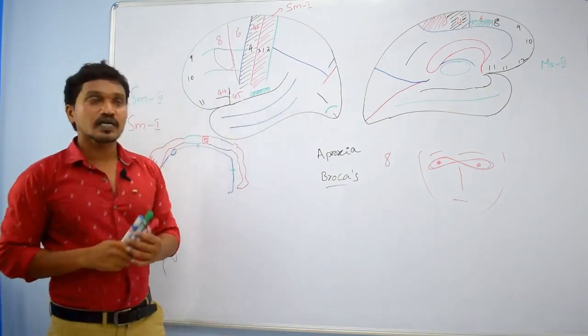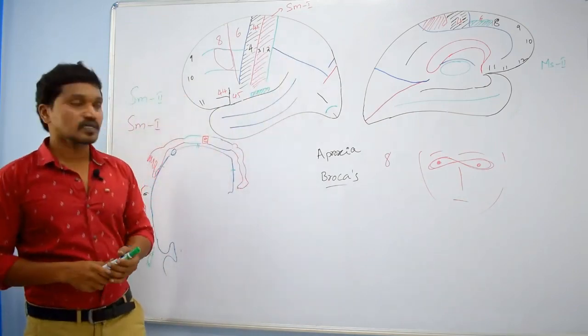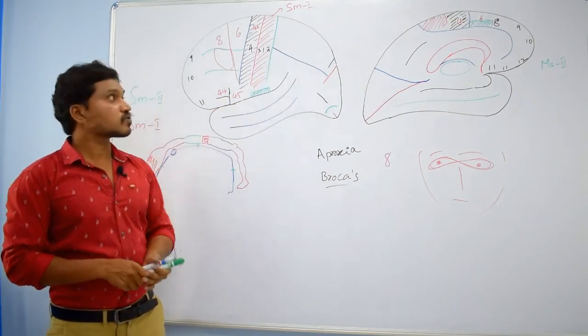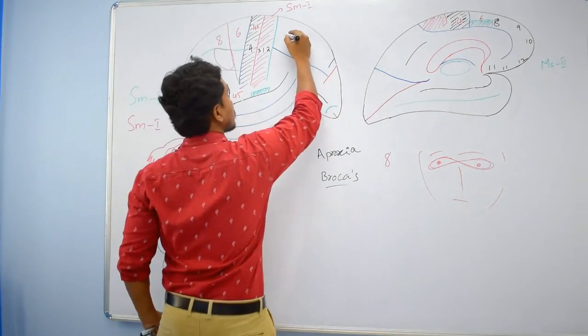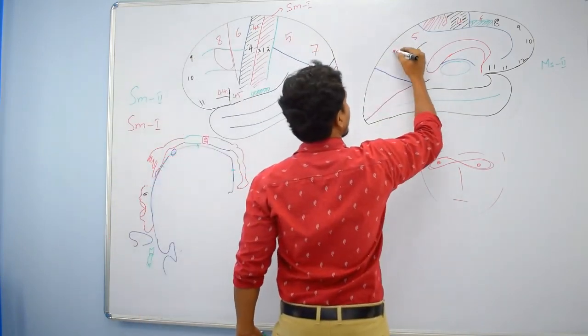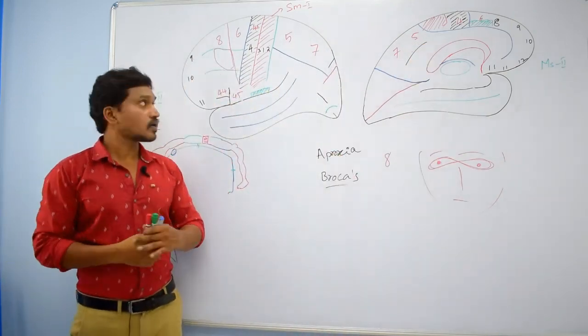Now we will see the area which is present behind the postcentral gyrus: the superior parietal lobule and inferior parietal lobule. In the superior parietal lobule, we can find areas number 5 and 7. Clear?